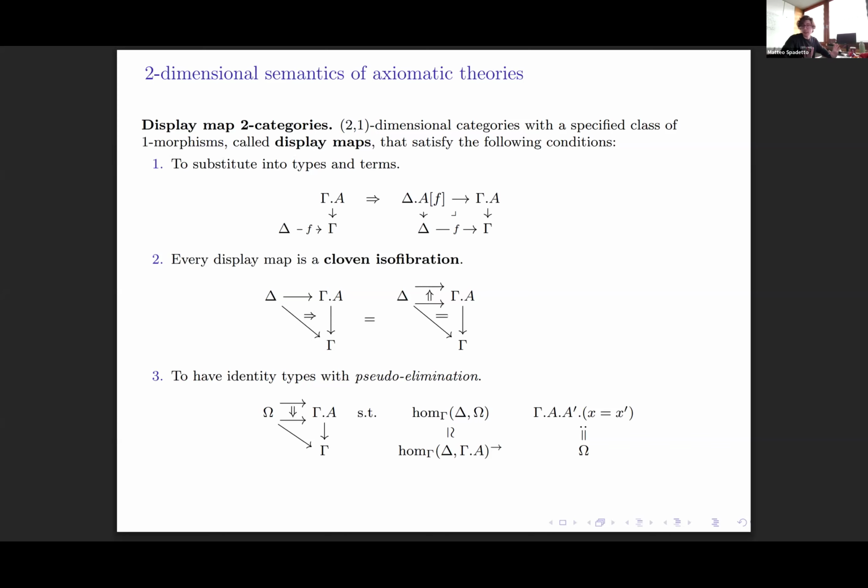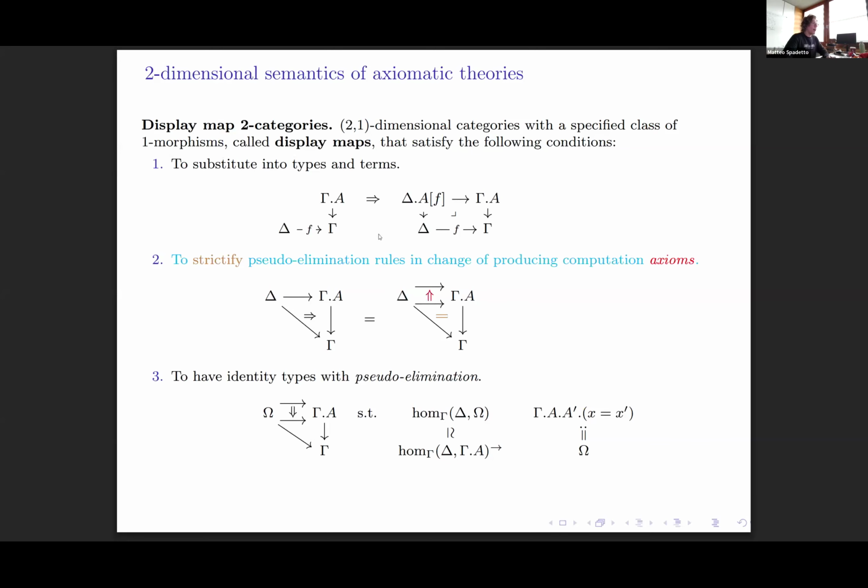I do not have this condition in general, and this is exactly the reason why you do not have the computation rule for the J principle necessarily validated. So that is the reason why these display map categories are models of axiomatic identity types and not in general of intensional identity types.